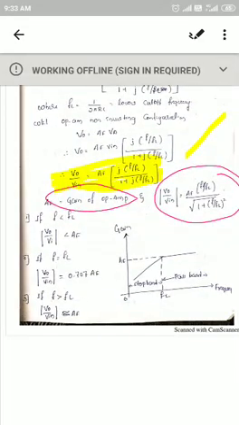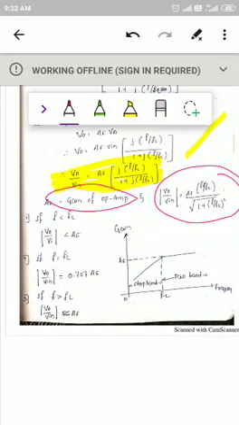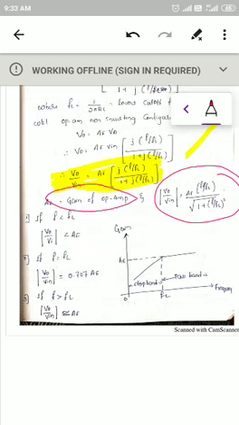So here there are three cases. First case is when f is less than fL, that means your operating frequency is less than the lower cutoff frequency, then the gain Vo by Vin will always be less than Af.